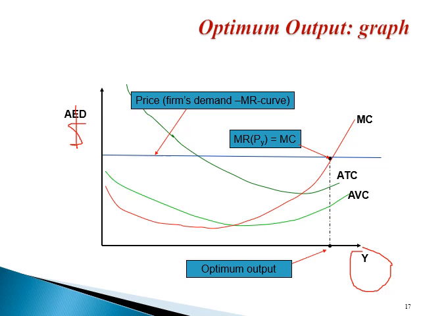As you can see, as the level of output increases, marginal cost keeps on declining, reaches its minimum right here, and then as the level of output increases, marginal cost increases all the way. Average variable cost, as the level of output goes up, it declines, reaches its minimum right here, and then increases all the way.